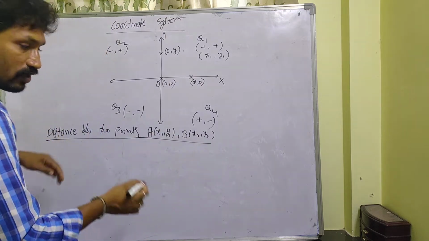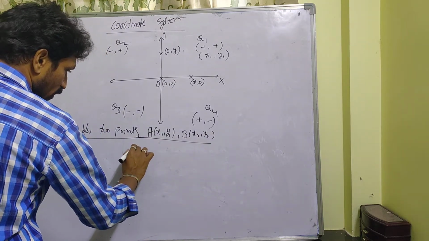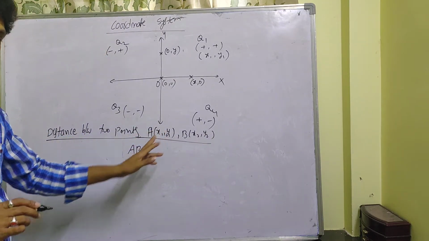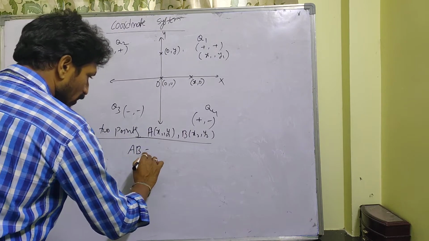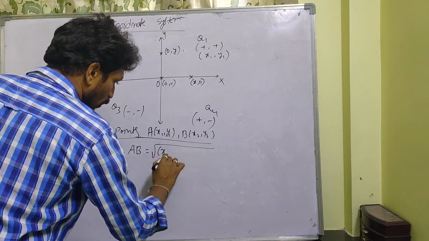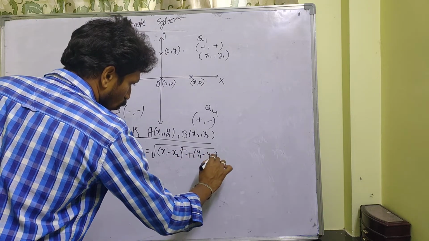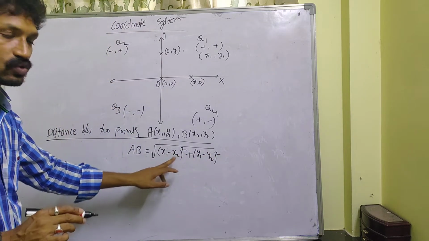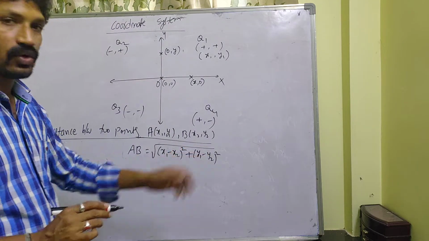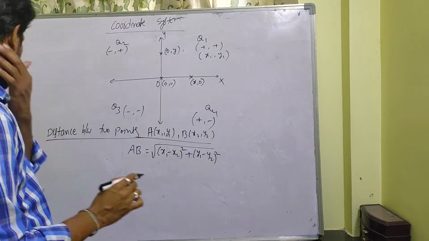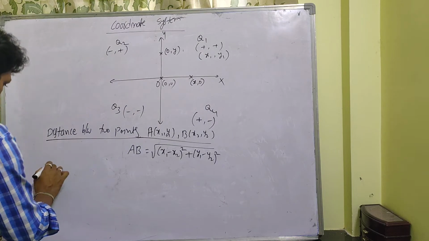What is the formula? We know very well. The distance between 2 points A comma B is denoted with AB. AB is equal to root over x1 minus x2 whole square plus y1 minus y2 whole square. In other words, we can write x2 minus x1 whole square plus y2 minus y1 whole square. Both are same only.